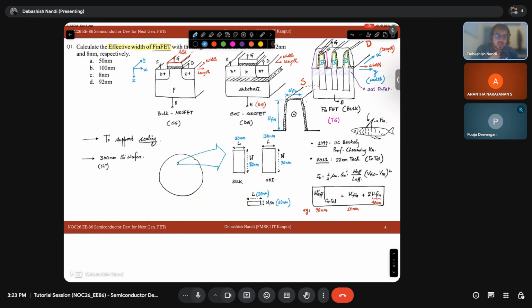Fine. Now understand what I am doing basically. If I have to make the same performing MOSFET with bulk technology, I am consuming an area of 30 by 90 of this die, this area. But in case of FinFET, I just need to spend a fraction of that.